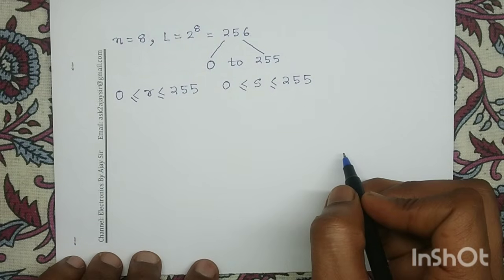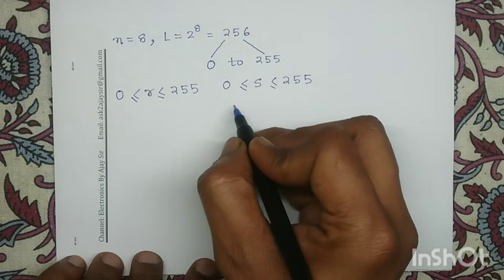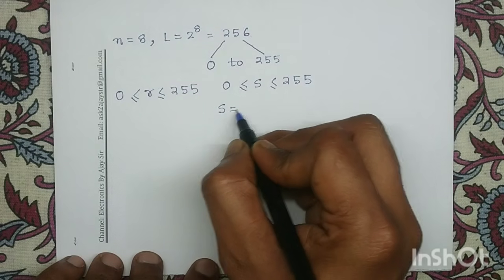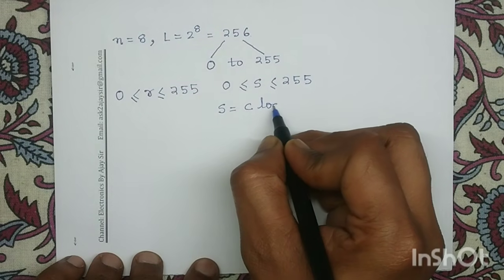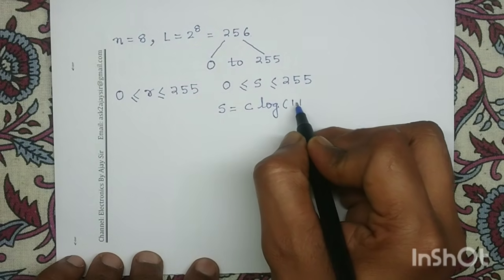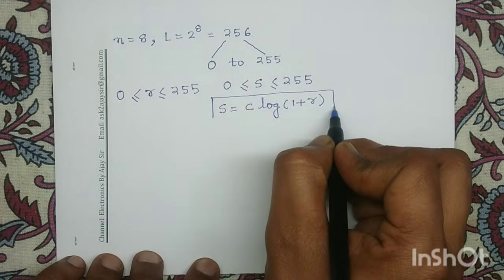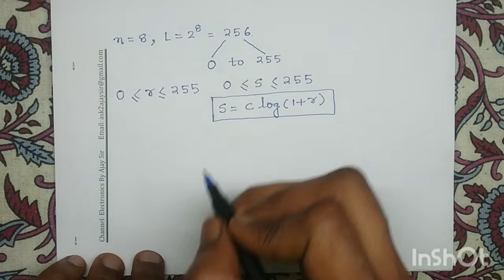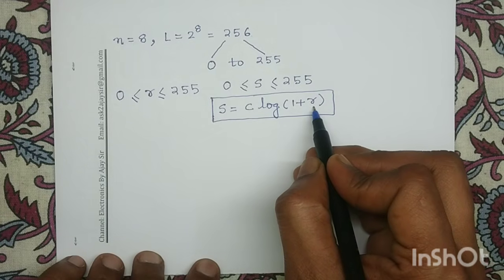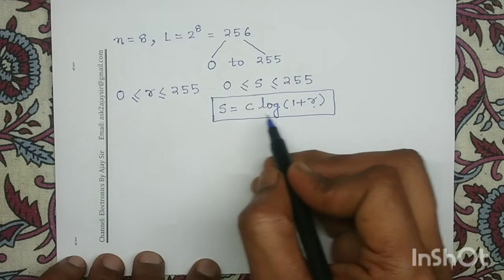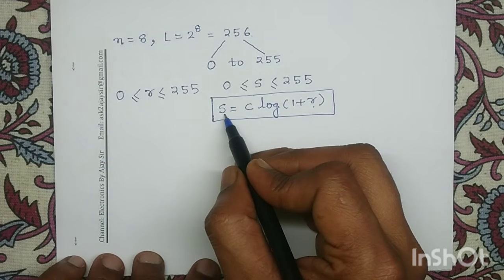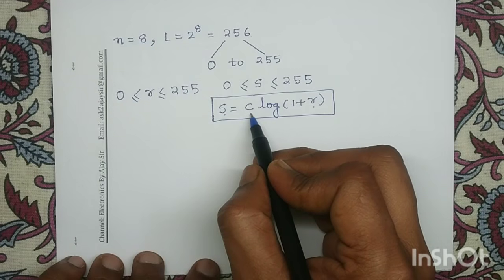We know the general equation of logarithmic transformation. It is s equals c log(1 plus r), where r represents my input intensity level, s represents my output intensity level, and c represents the constant.